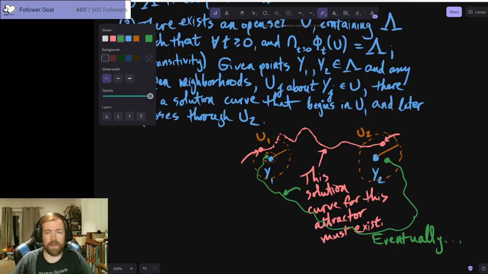It may take a very, very long time to land within a neighborhood that is this big, but nonetheless, all points that are within the system lambda, you can pick any size neighborhood you want, and if it is truly an attractor, it will end up landing within that neighborhood, given that you started within one of the other neighborhoods around another point.